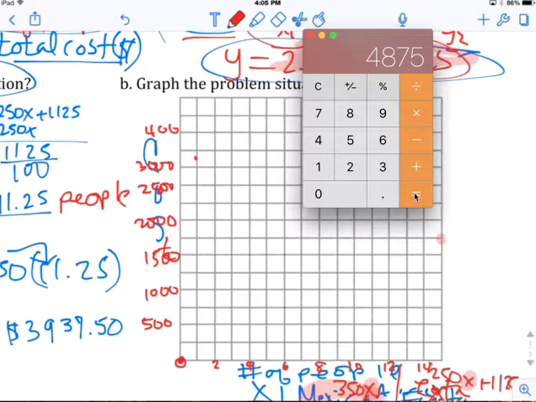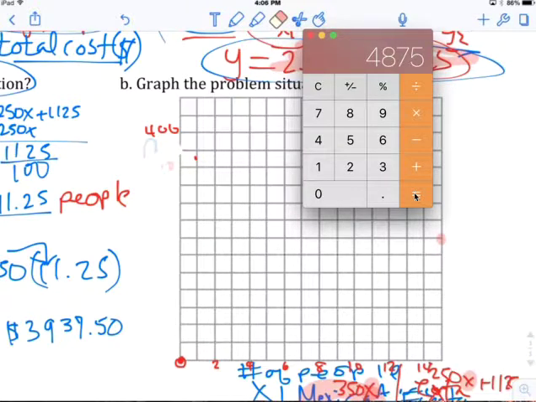I must have done something wrong. Did I? Yes, right here. $1,000, $2,000, $3,000. Oh no, it won't be enough. $775. Well, let's just do 1,000 each. So much easier.